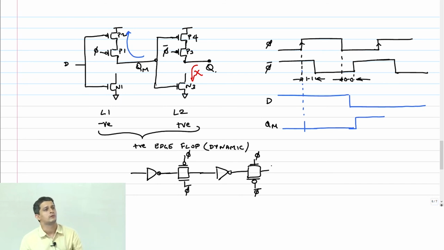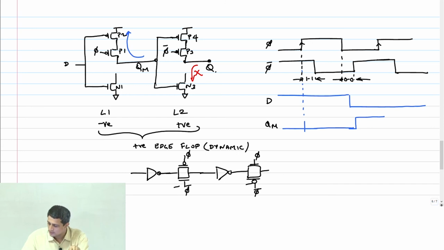I cannot do that here. The same thing will not hold, because now for both 0 and 1, these two transmission gates will conduct, and therefore I have a race path available. What is doing the trick is making the 0 conduct only through the NMOS, making the 1 go only through the PMOS. And then there is a logic inversion in between, which is ensuring that these two are complementary to each other. Clear?